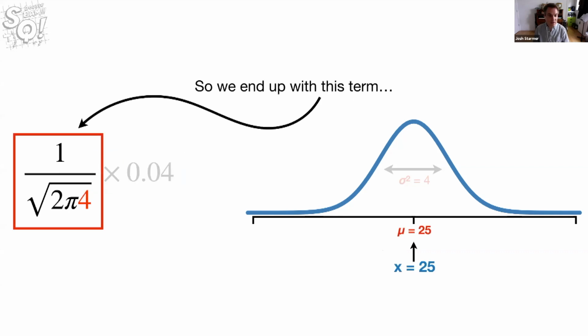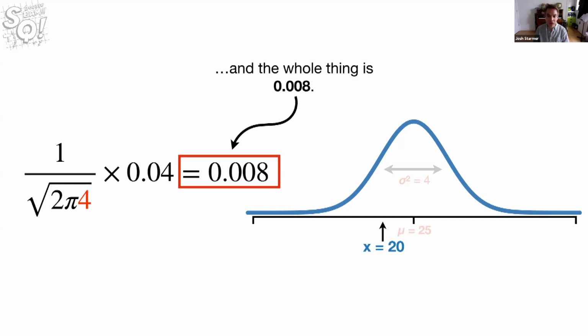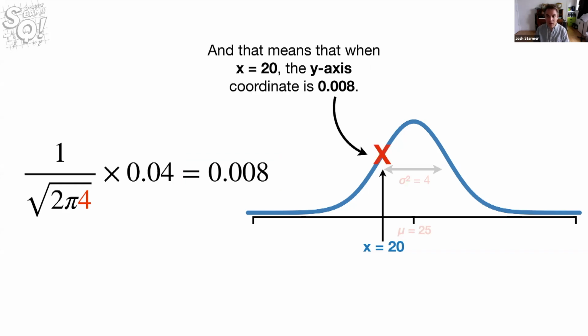So we end up with this term times 0.04. And the whole thing is 0.008. And that means when x equals 20, the y-axis coordinate is 0.008.